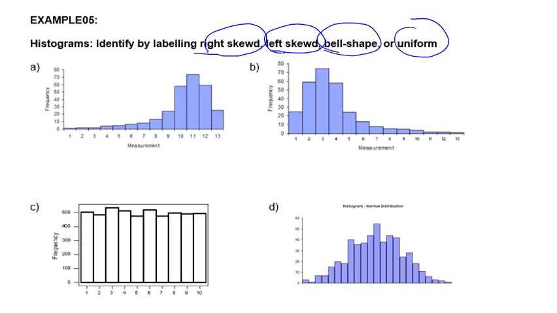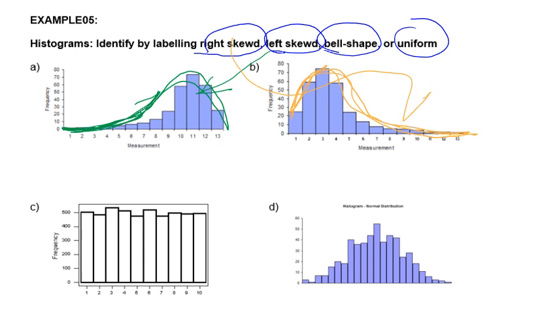Notice that this distribution has a left tail, right? So we say it is left skewed. Well, this distribution has a right tail, so we say right skewed, right?